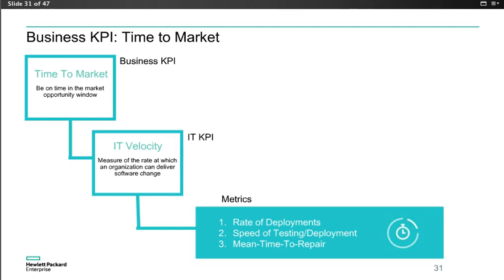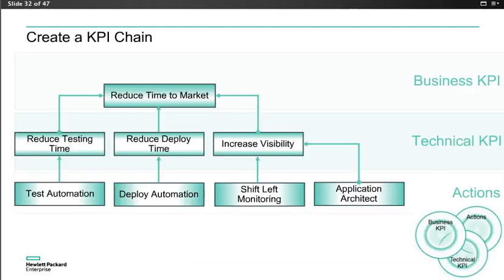And you can see at the ground level of metrics that it can consist of rate of deployment, speed of testing, mean time to repair, which can help to reach the IT KPI that belongs to the time to market business KPI.